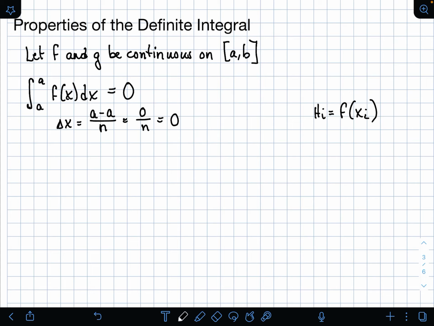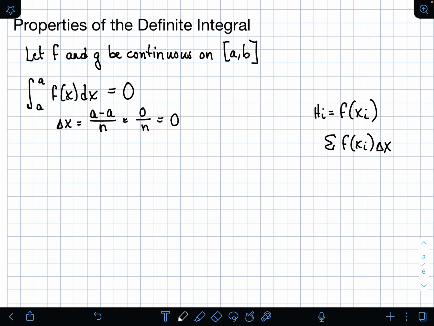Now that being said, there are two parts of the Riemann sum formula, and therefore two parts of the definite integral. F of x sub i, yes, but also delta x. Delta x could be negative.